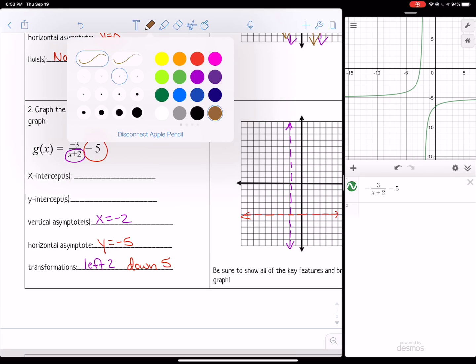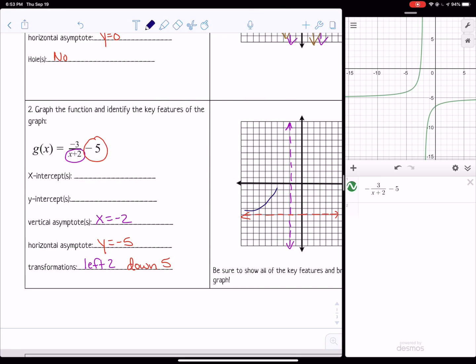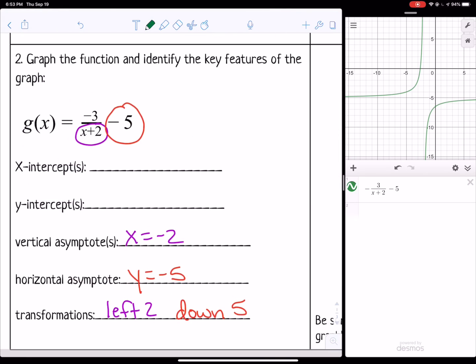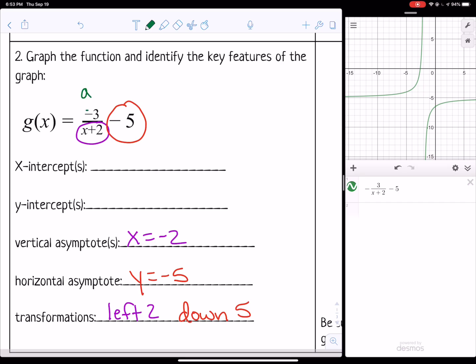And then I can see the branches of my graph belong here and over here, and I have no holes in the graph because none of my factors canceled out. But I do have a few more transformations that I need to write down. You have an a of negative 3. So a negative a makes it reflect over the x-axis. So I'm going to write that down here at the bottom where it says transformations.